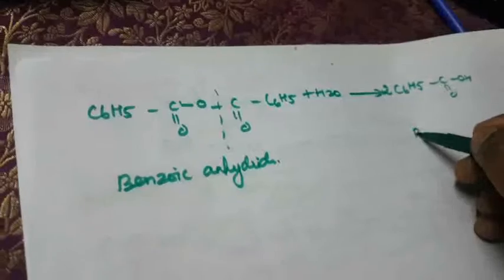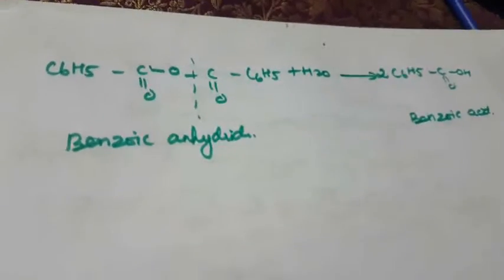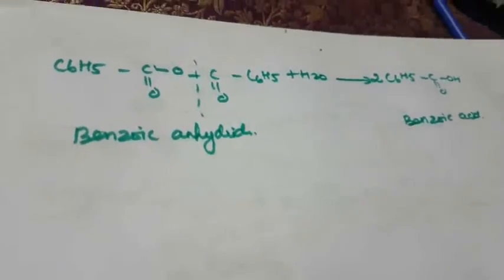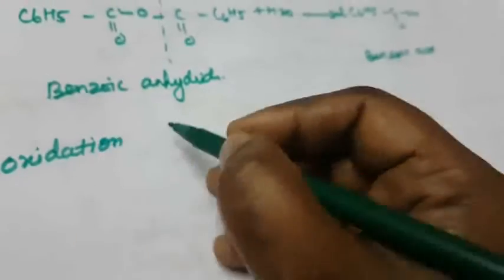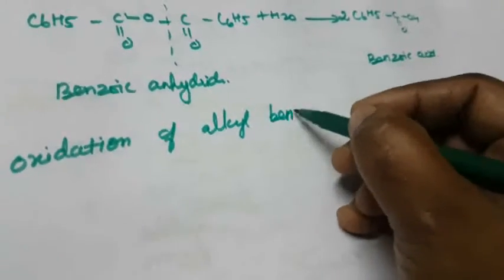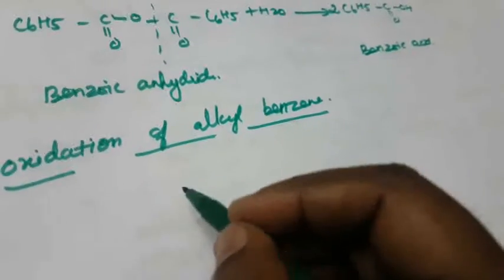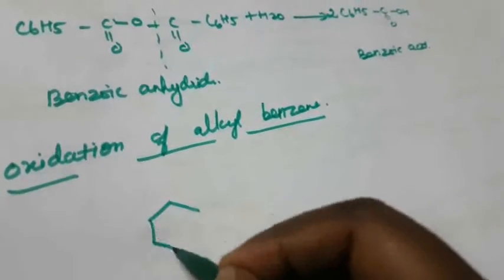What is this? Is benzoic acid. Okay. Next one is oxidation of alkyl benzene. Again aromatic. What is this compound name?